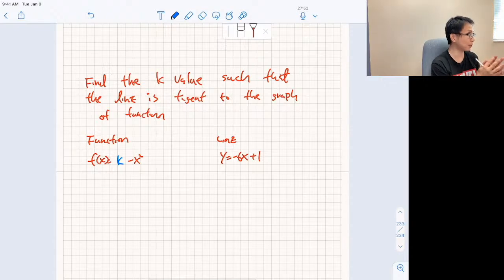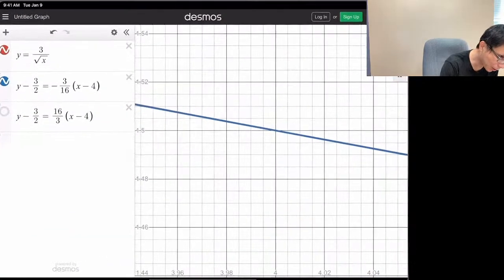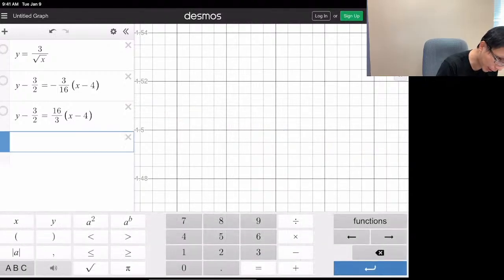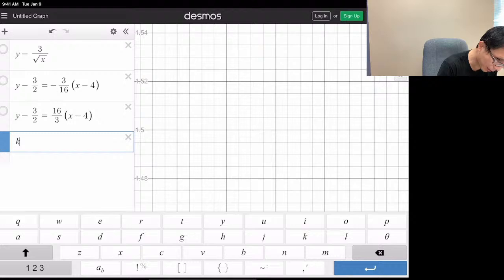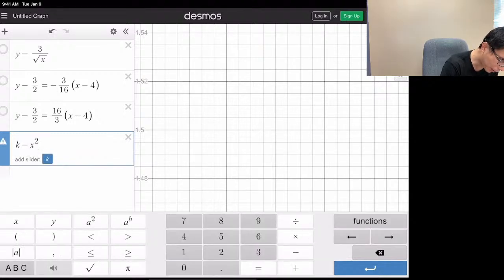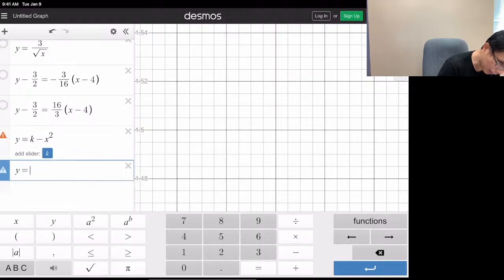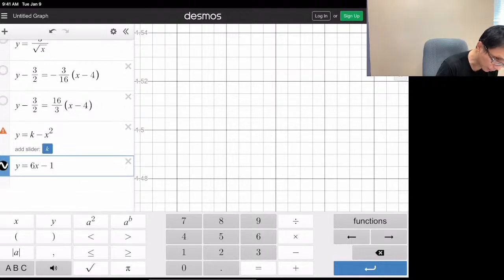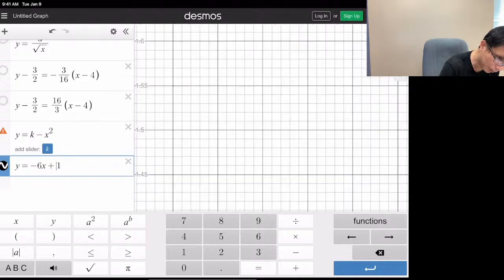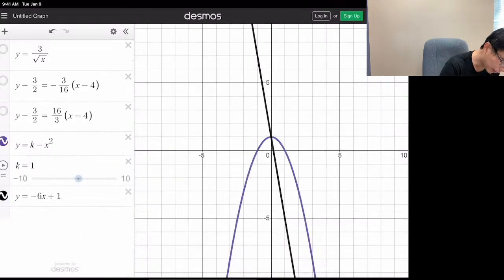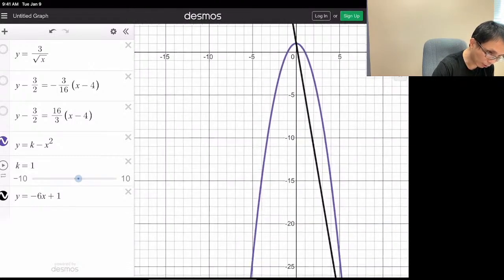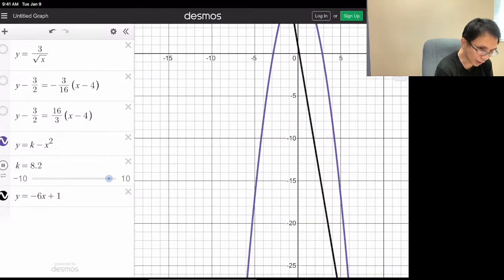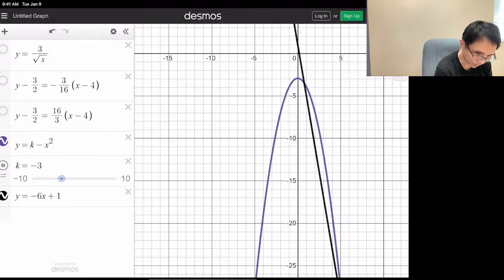Now I'm going to show you what this problem is. The function is k minus x squared, and the line is y equals negative 6x plus 1. I'm going to show you this on a slider, so I'm going to let it slide, and you're going to see it become tangent.